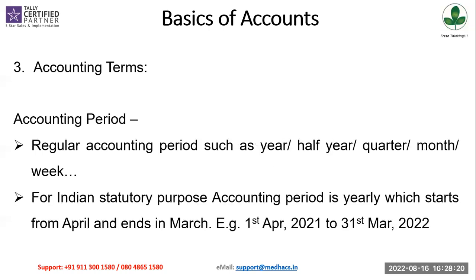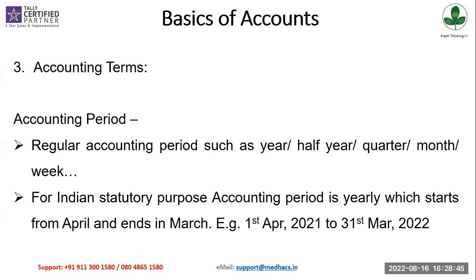Then comes accounting terms. Under accounting terms, it is the accounting period. What is accounting period actually? Typically, when you are writing books of accounts, you should be very clear as to what is the start date and what is the end date for these books of accounts.